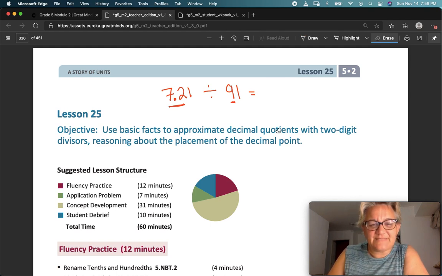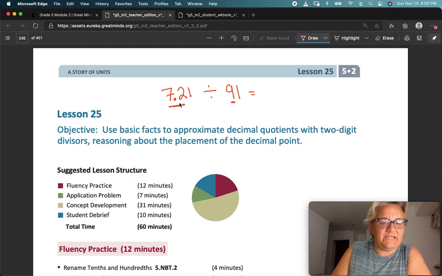But these are decimal quotients, so I have to figure out where the decimal goes, and they're two-digit divisors. So my divisor here, 91, is 2 digits, and we're going to reason about where the placement of the decimal goes. What I'm going to do is approximate.